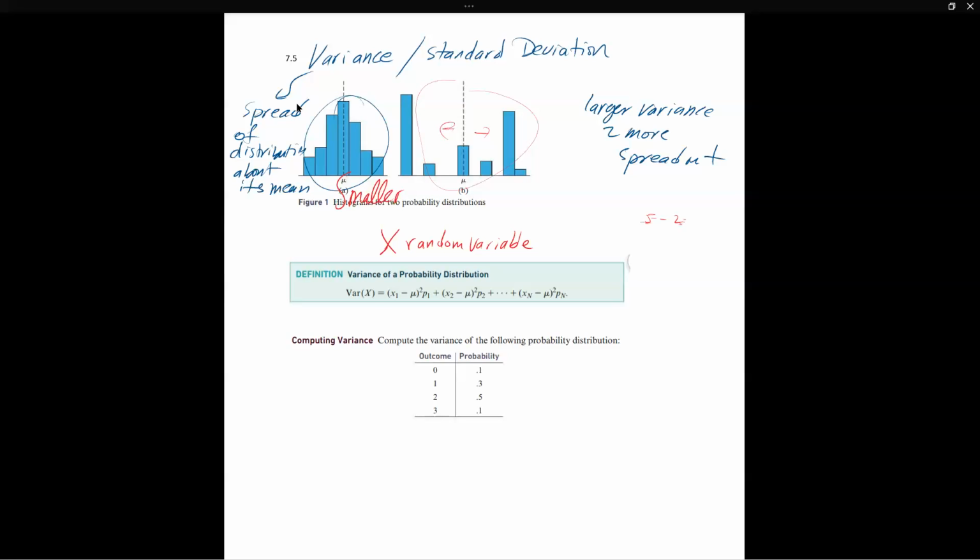So if we're interested in how far the outcome is from the mean, then x1 minus mu. How far is x2, then x2 minus mu, and so forth until we get to xn minus mu, with probabilities p1, p2, and pn. So the variance of a probability distribution is given by this formula.